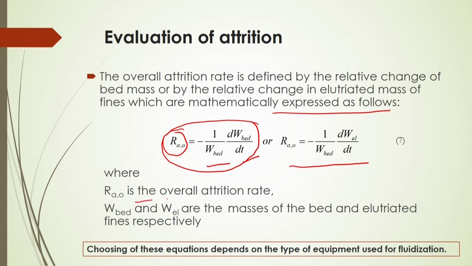So, R A 0 is the overall attrition rate, and W bed and W E L are the masses of the bed and the elutriated fines that are formed after attrition. Now, the choice of these equations depends on the type of equipment being used for the fluidization.